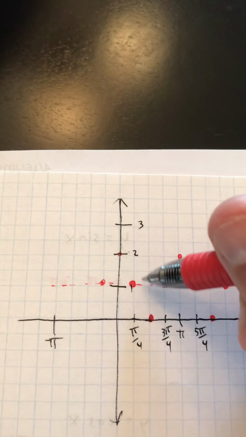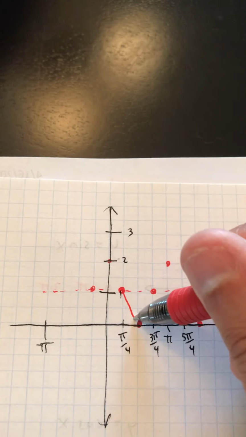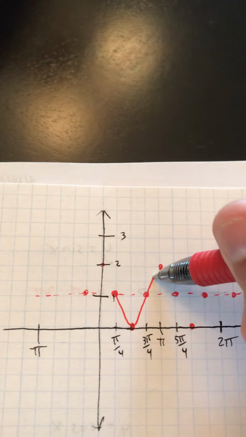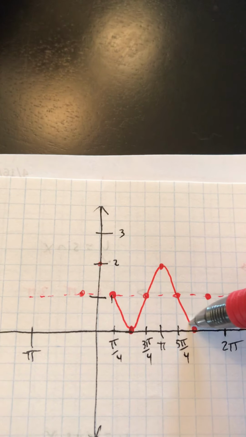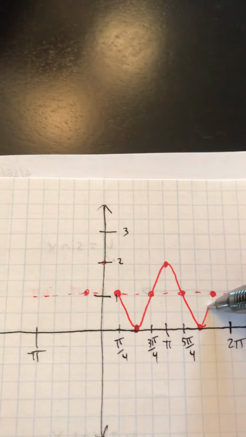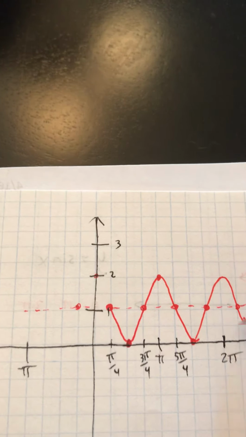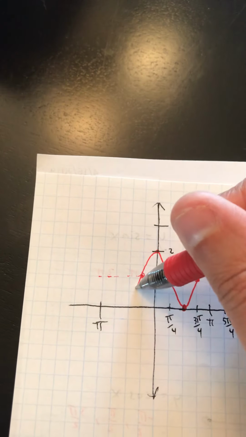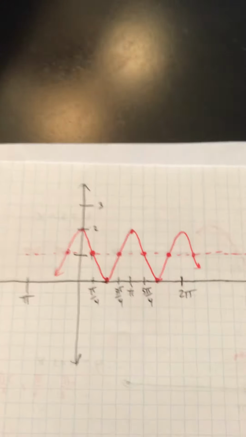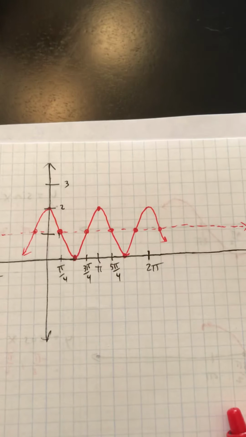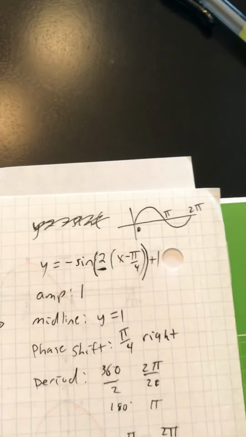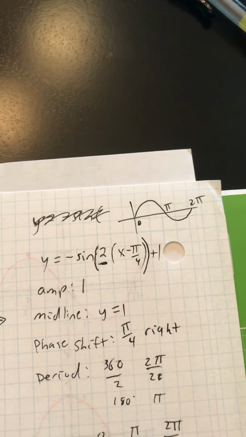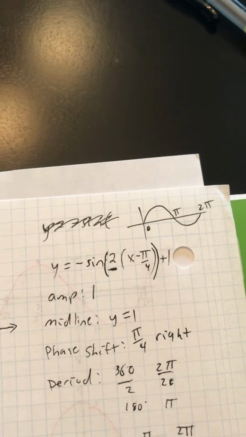So anyway, the main part of the graph, it went down first, then it goes up, and again, it's going to kind of continue like this. And again, you may want to take it back a few units here as well and kind of show that this pattern is going to continue in that direction. And so that's how you would make the graph of y equals negative sine of 2 times the quantity x minus pi over 4, plus 1.